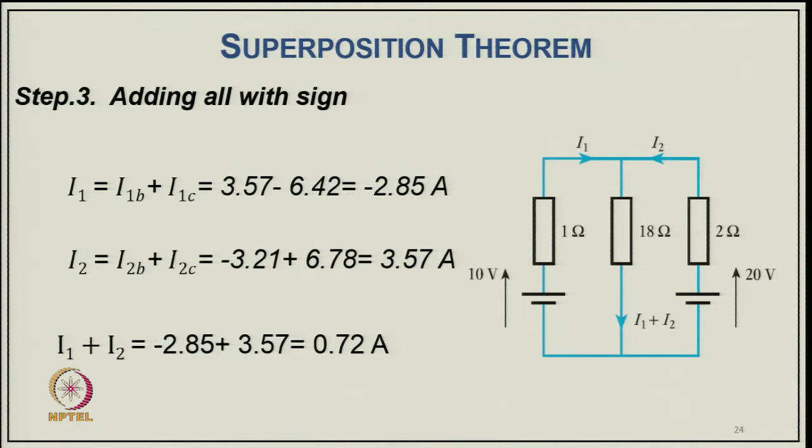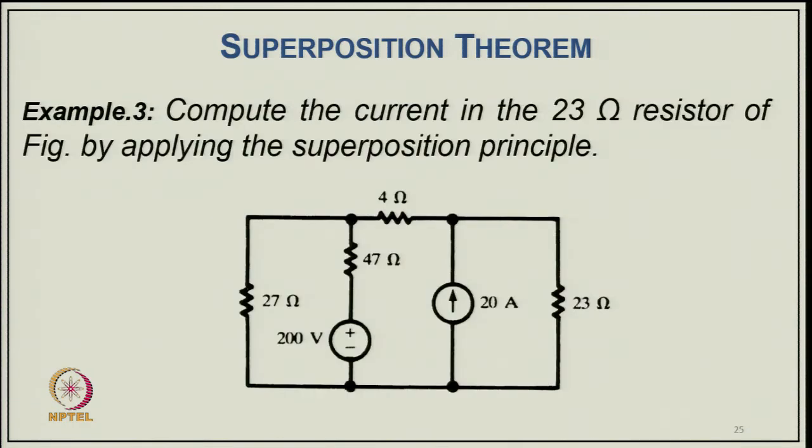And I 2 is I 2 B plus I 2 C, equal to minus 3.21 plus 6.78, so that becomes 3.57 ampere. If you take the current in the 18 ohm resistance, that is I 1 plus I 2 as shown in the circuit notation, we can add both currents with proper polarity: minus 2.85 plus 3.57. So, the current is 0.72 ampere in the middle branch of 18 ohm.